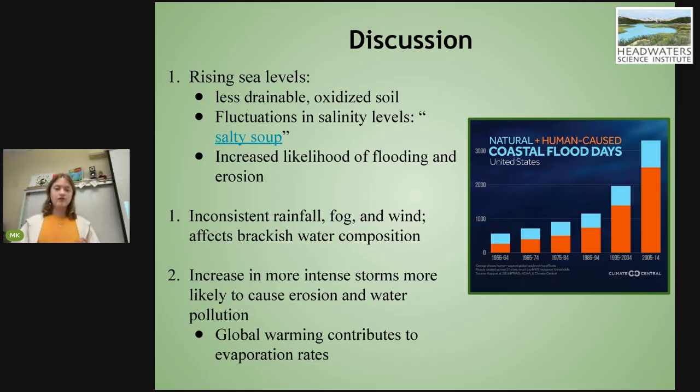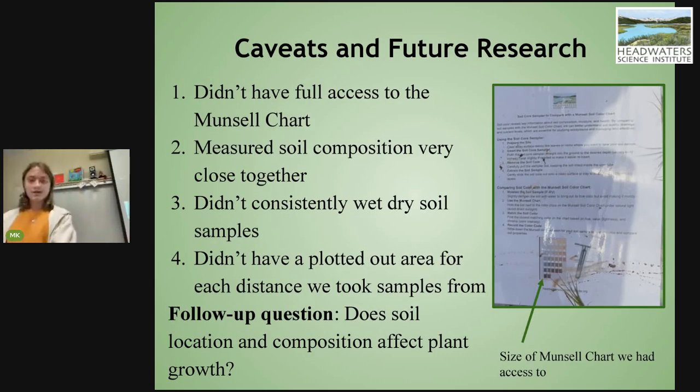And also there's an increase recently in more intense storms, which is more likely to cause erosion and pollute the waters, as well as global warming contributes to evaporation rates. The other unfortunate thing is that humans are causing more coastal floods, which again messes up the soil composition as well as the mixture of salinity.